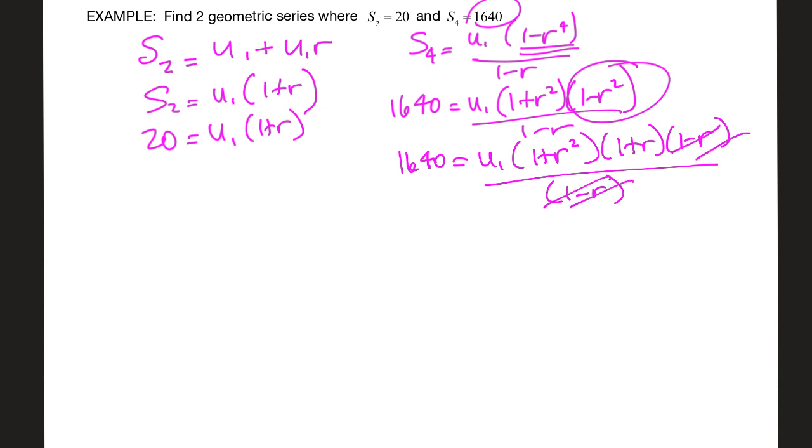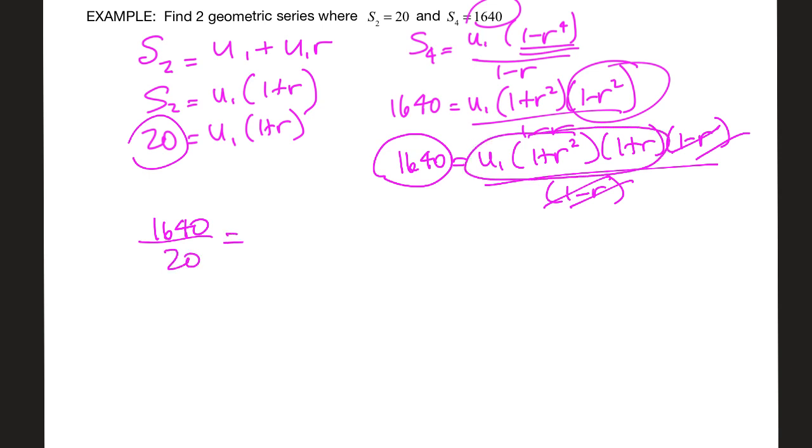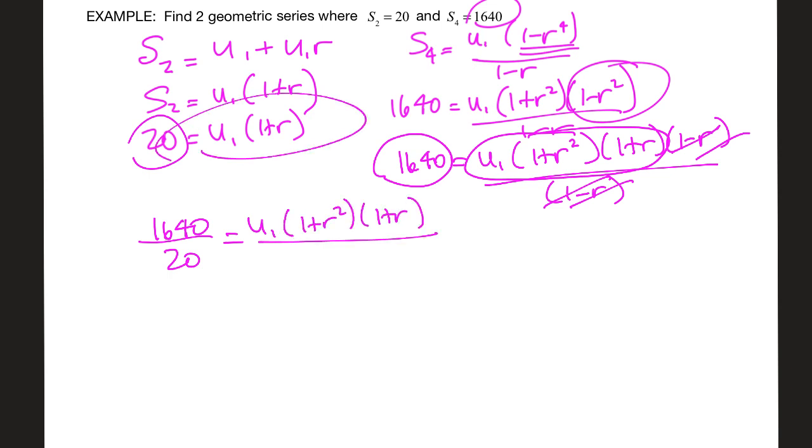Okay, now here's where your mind is going to be blown. You need to set this up as a ratio. Let me tell you what I mean. So 1640 divided by 20 should be the same as this u sub 1, 1 plus r squared times 1 plus r divided by this.